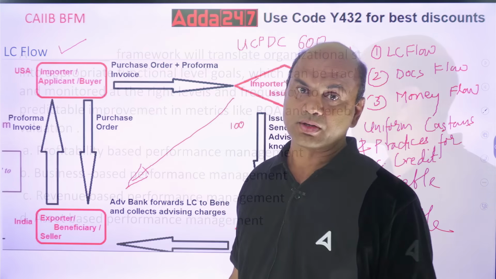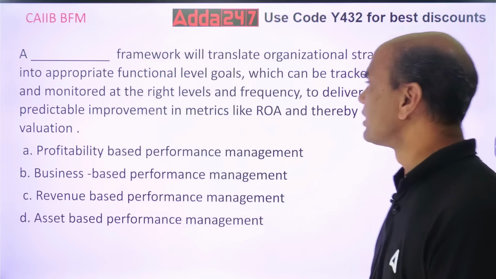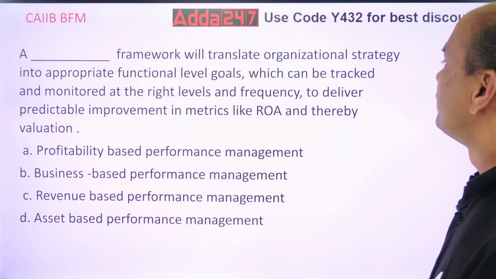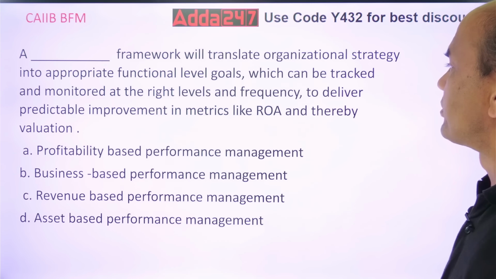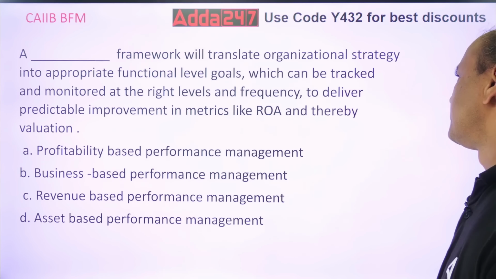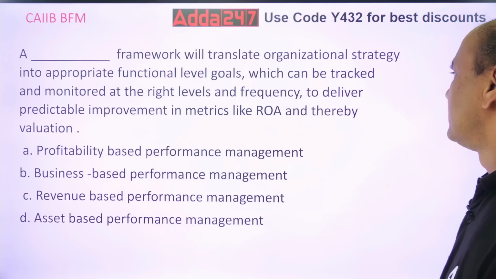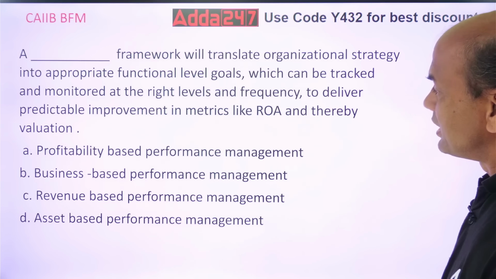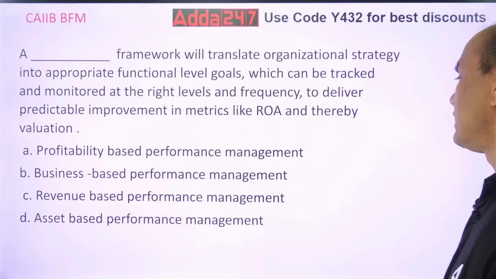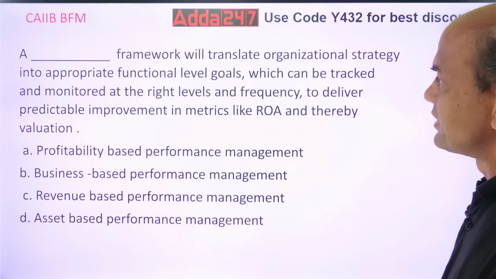Okay? Done? Understood everyone? A framework will translate organizational strategy into appropriate functional level goals which can be tracked and monitored at the right levels and frequency to deliver predictable improvement in metrics like ROA and thereby valuations.